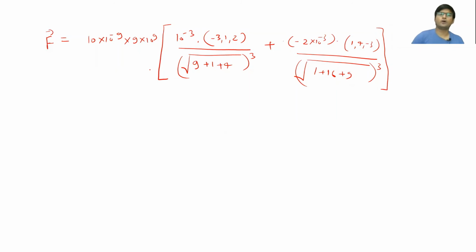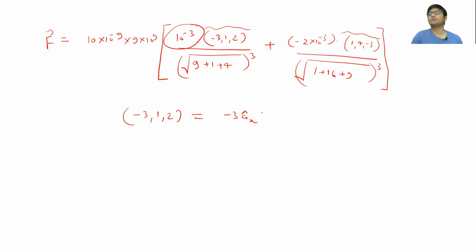So we had already got this result, and remember this minus 3, 1, 2 and 1, 4, minus 3 can also be written as follows. I'm writing this vector minus 3, 1, 2, which is multiplied by 10 to the power minus 3, as minus 3 ax, since minus 3 is in the direction of ax, plus 1 ay plus 2 az.